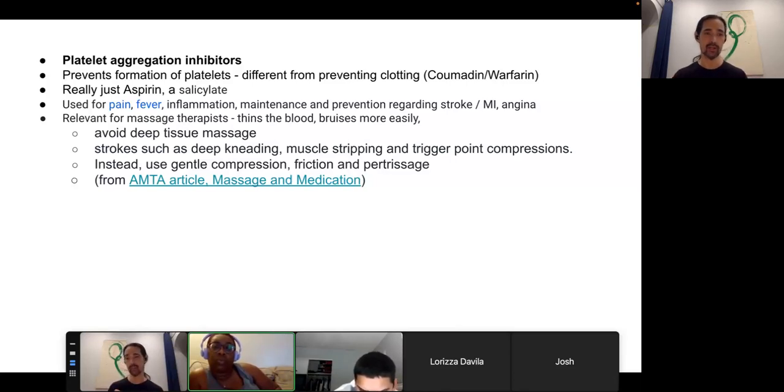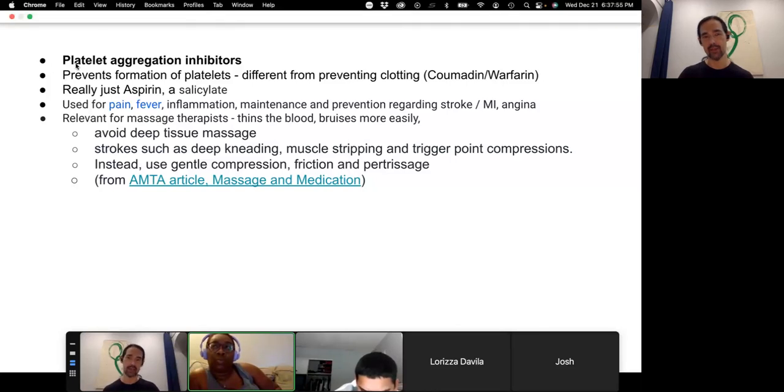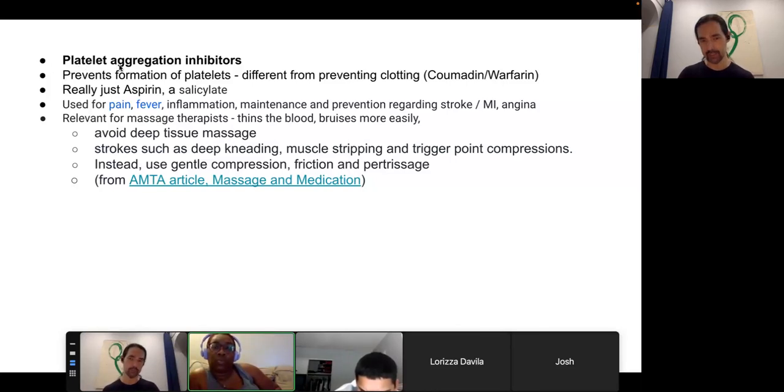Another kind of blood regulator is aspirin, and aspirin prevents the formation of platelets. And aspirin is pretty mild on the scale, compared to Coumadin or warfarin. So yeah, different from preventing clotting, aspirin prevents the formation of platelets. It's also a salicylate or salicylic acid.